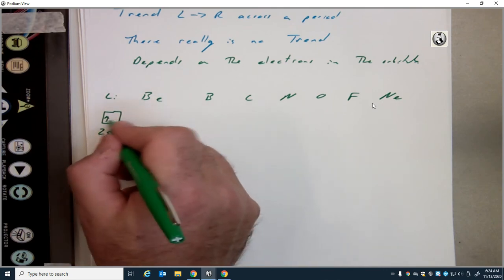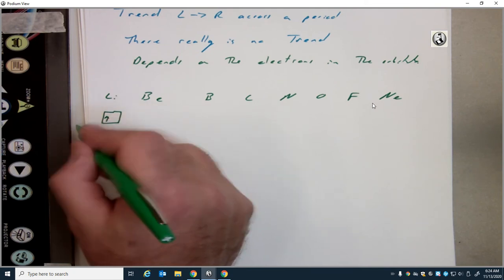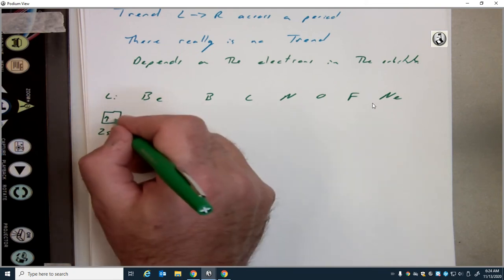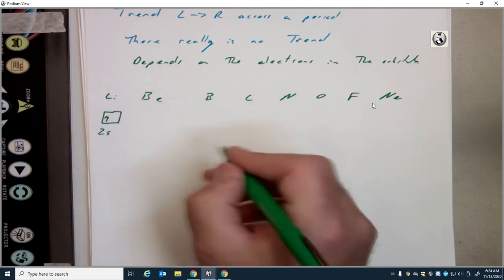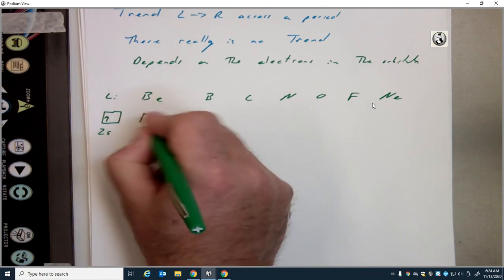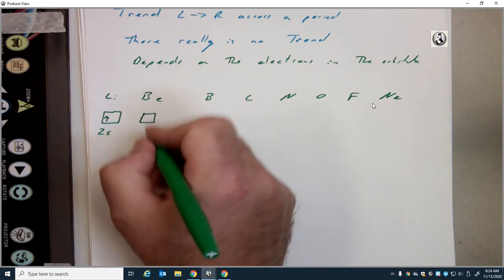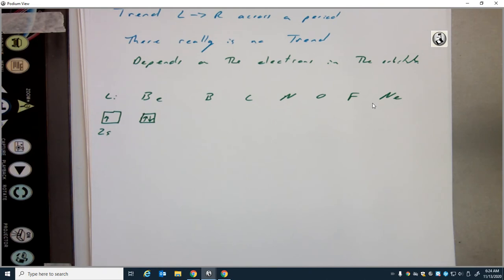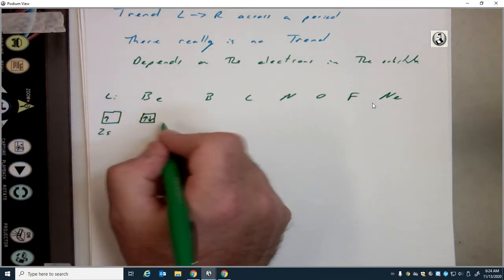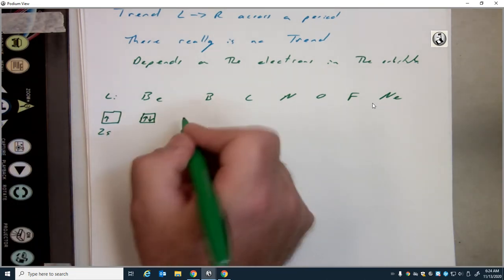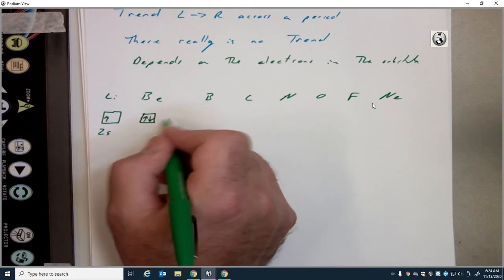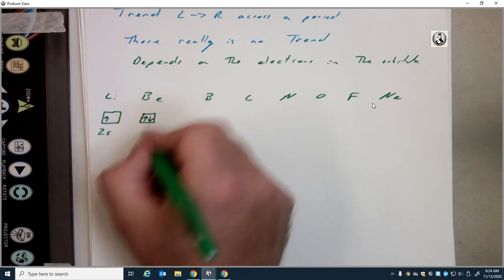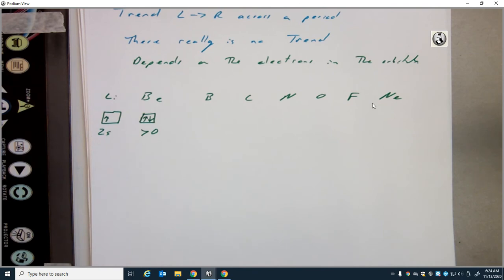It potentially has room to gain an electron to pair up, right? That's possible. Now, in reality, it's going to lose that electron, but there's room in this orbital for it to take. But if we look at beryllium, it's got an up and a down. For it to gain an electron, it would have to put it in the 2p's. And it definitely doesn't want to do that. So its electron affinity ends up being greater than 0.